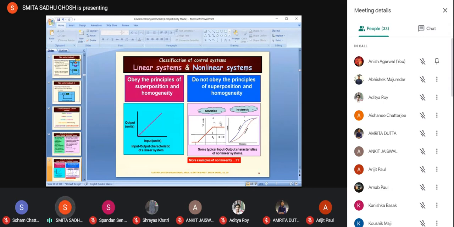In this particular plot, the characteristic has saturation both on the positive side as well as the negative side, and it is an example of a nonlinear characteristic. Now, even if one component in the system has a nonlinear characteristic like this, then the overall system would be considered a nonlinear system.